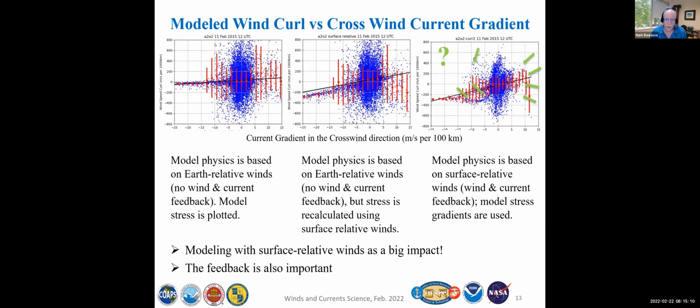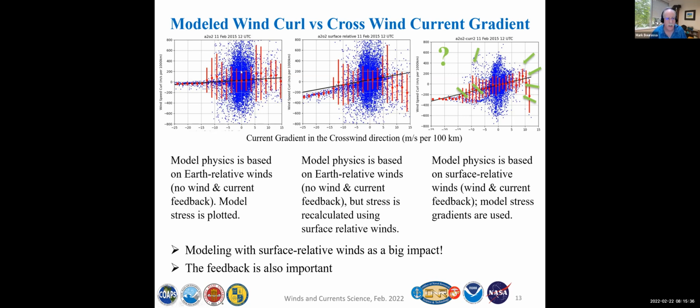So when we're trying to characterize this, there's two key processes: a curl of the wind and a curl of the stress. And actually, it's supposed to be the wind gradient in the crosswind direction, or the current gradient in the crosswind direction. That's right. And I've put them both on these plots. So in our conceptual diagram, those are the two key characteristics for feedbacks.